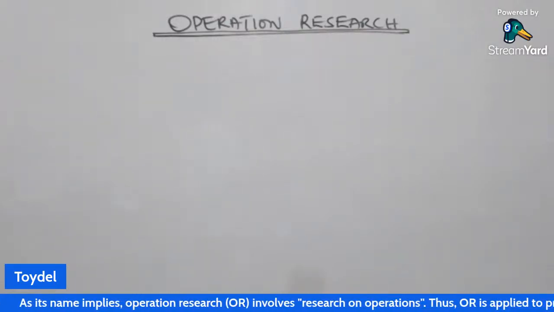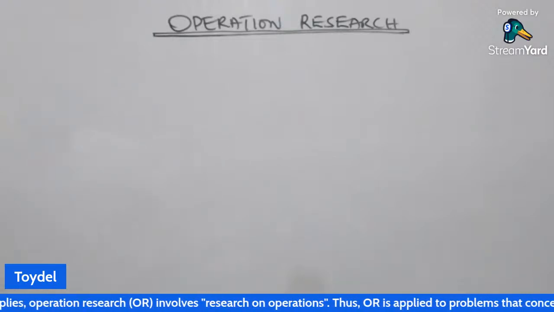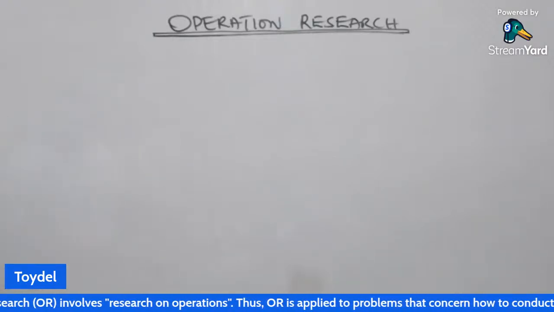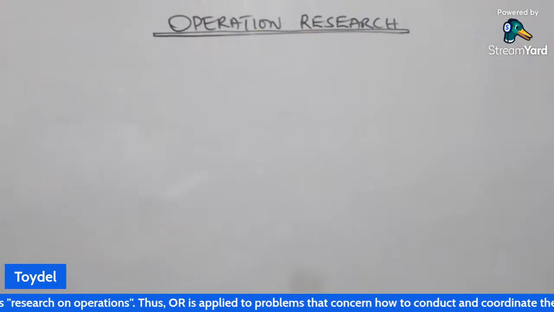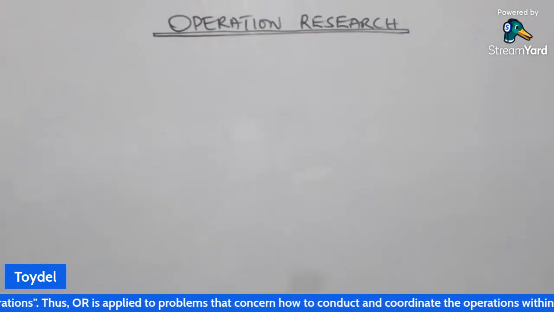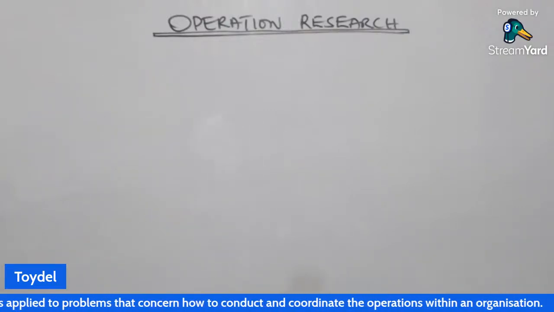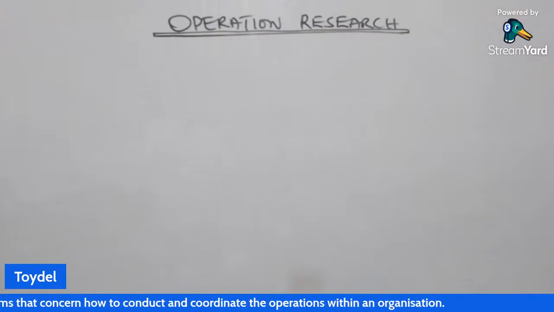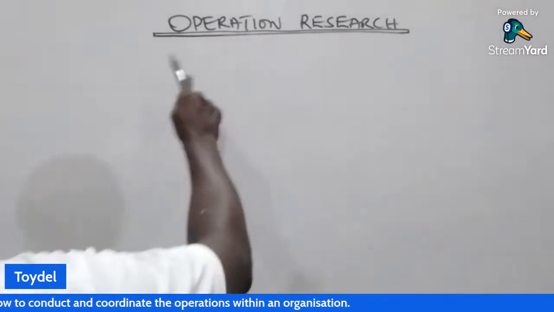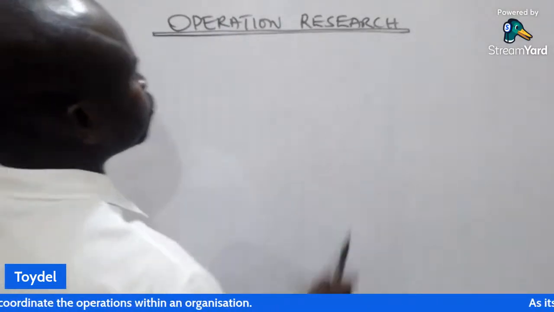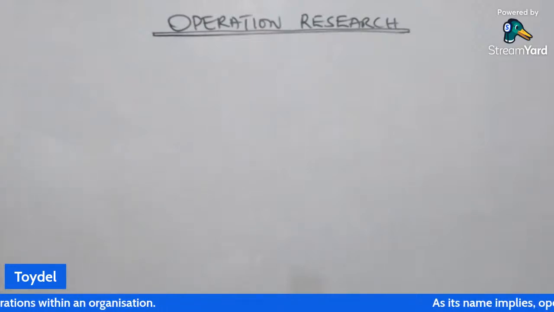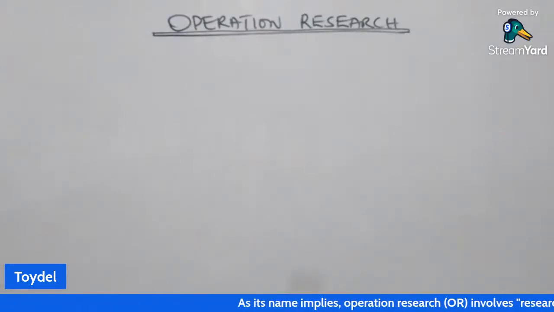The beginning of the activity called operation research has generally been attributed to the military service era in World War II. That is, these concepts came into being during World War II, when there was a scarcity of some of the equipment and management of the war.